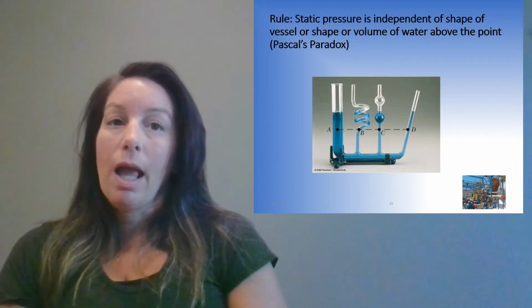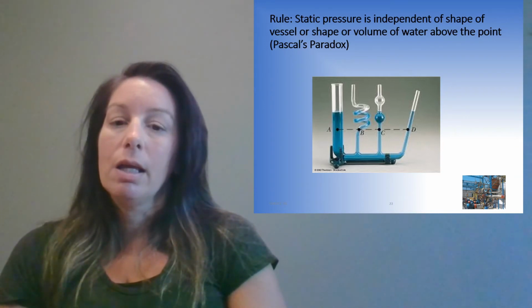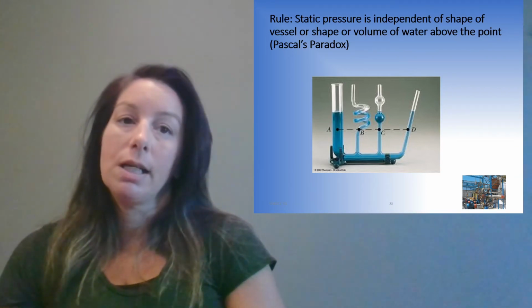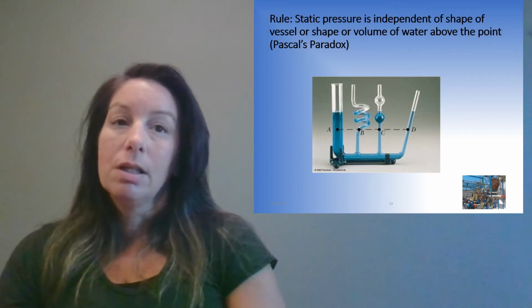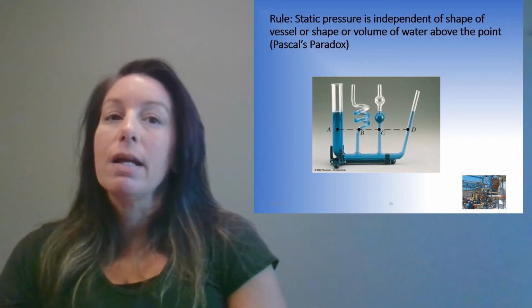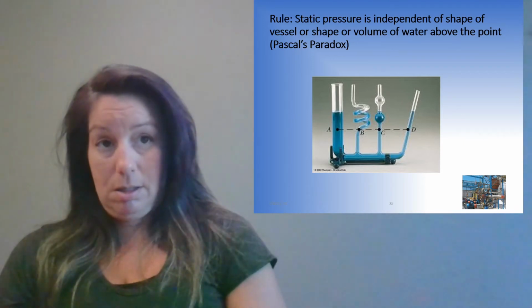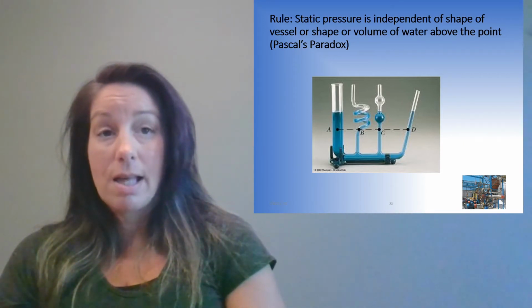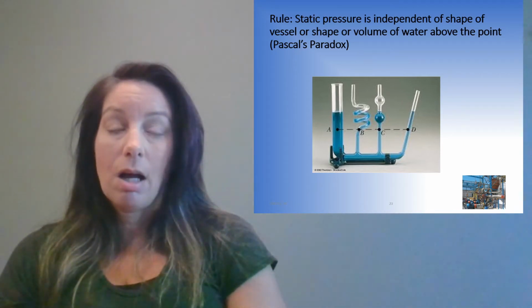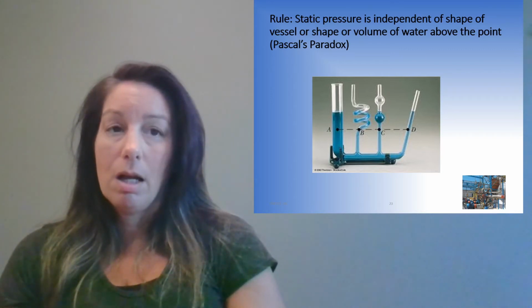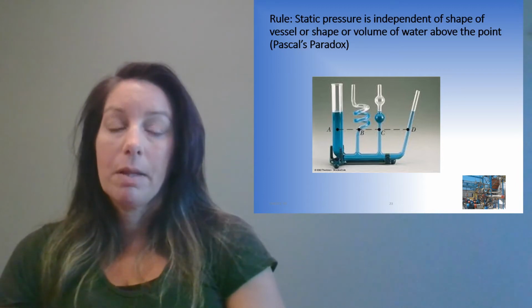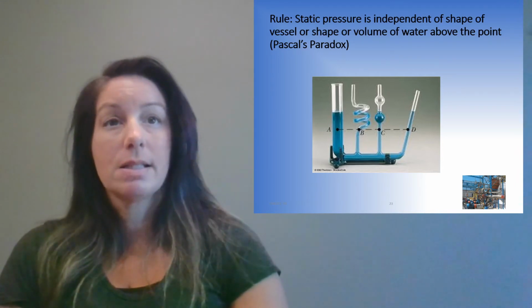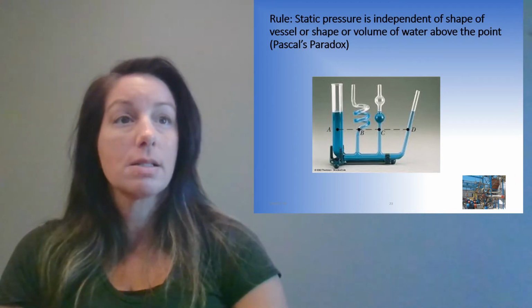So at point A, at point B, at point C, at point D, they're all the same pressure, despite the shape of where it's at, right? So A has a bigger area than say C, but the pressure is the same. This is called Pascal's paradox.